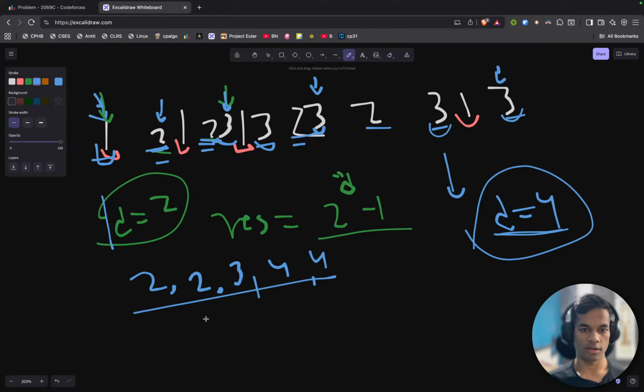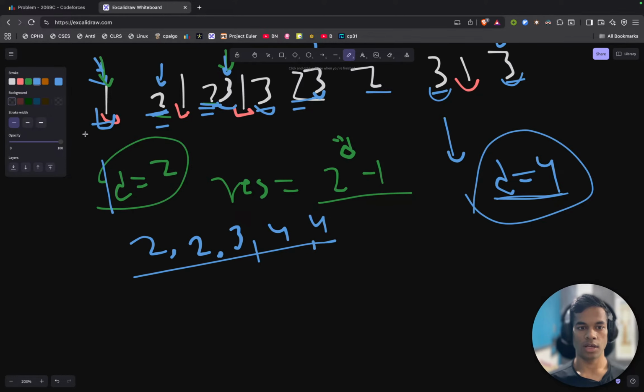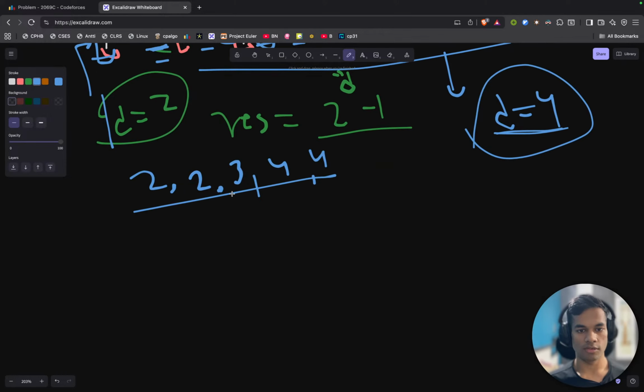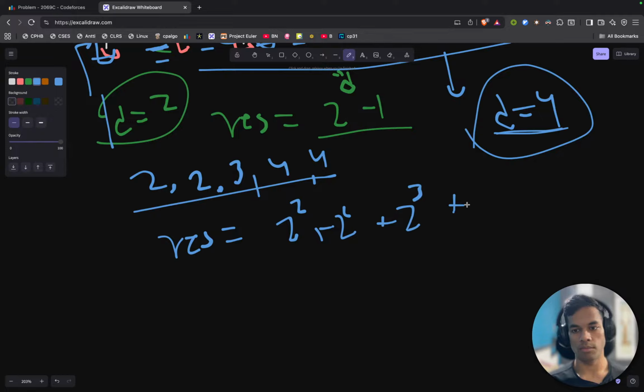That makes sense. And we can fix this one and find the answer for all of these threes if we just do res equals 2 power 2 plus 2 power 2 plus 2 power 3 plus 2 power 4 plus 2 power 4 and minus the count, which is 5. Yeah, makes sense. Yep, done.